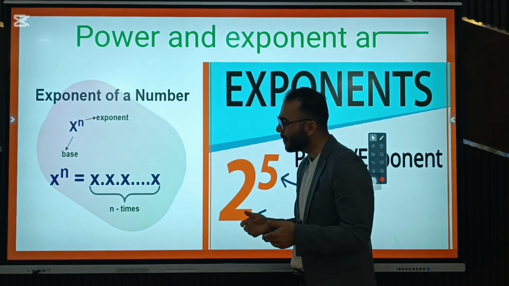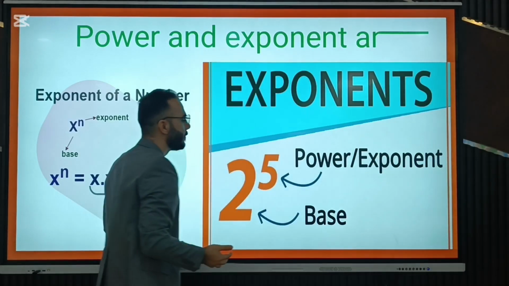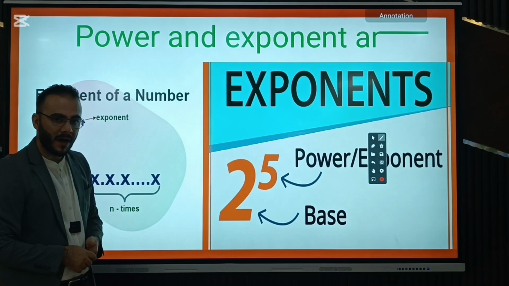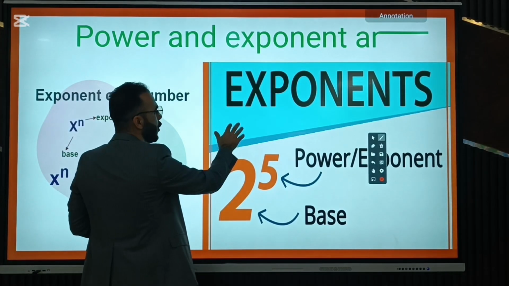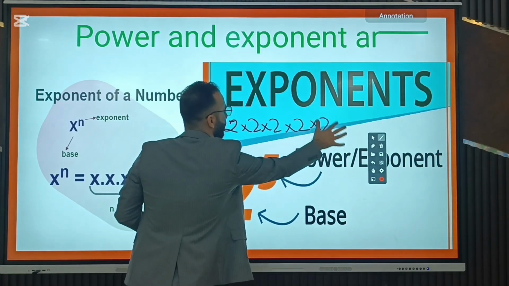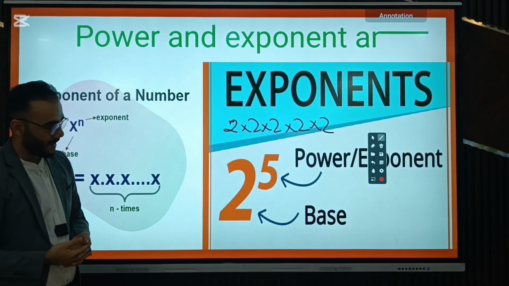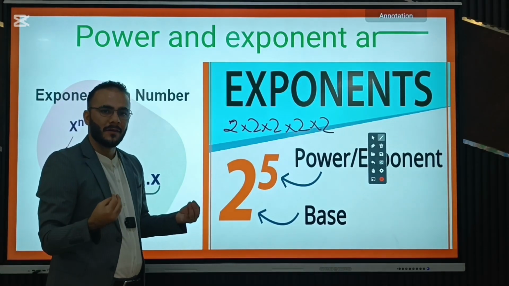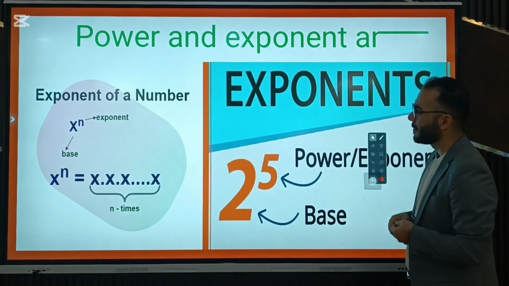For example, if our x is 2 and our exponent is 5, we need to multiply that number 5 times by itself, which means 2 times 2 times 2 times 2 times 2. This is how you evaluate the power when we have the exponent. So 2 to the power of 5 means multiplying 2 by itself 5 times. That is all about power.